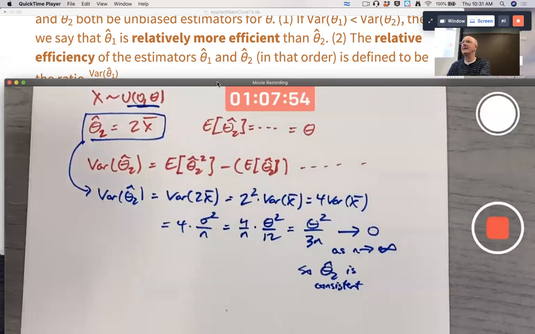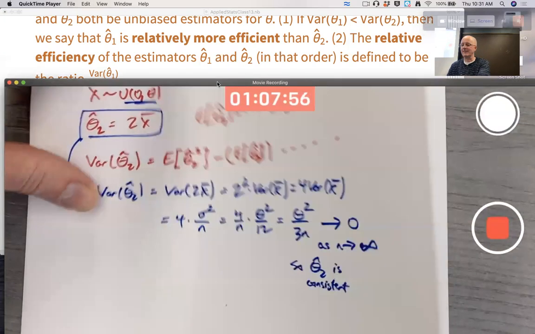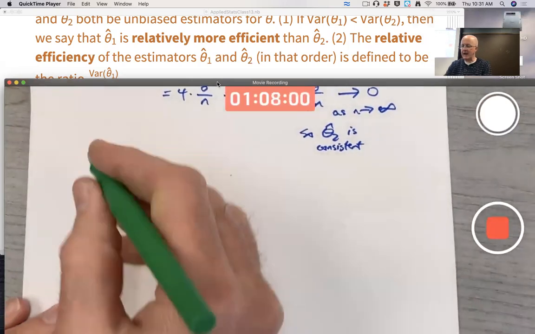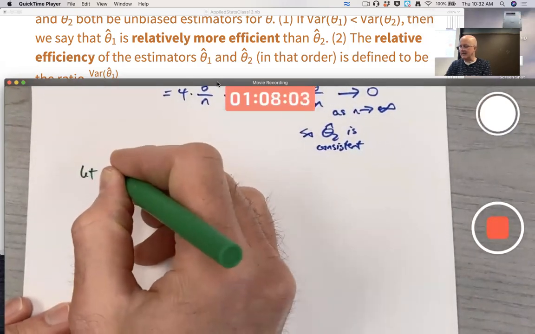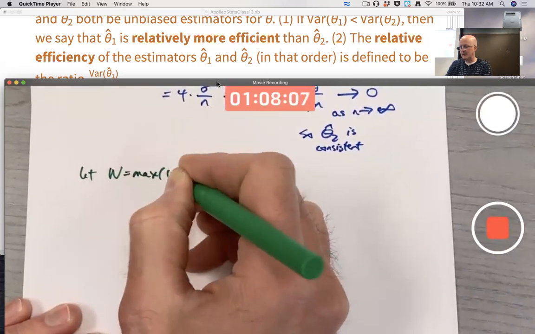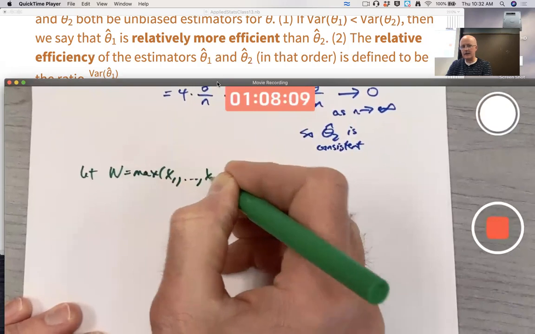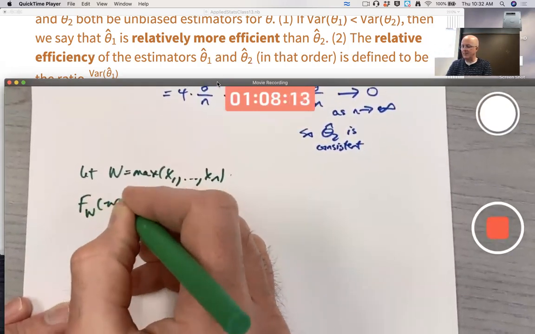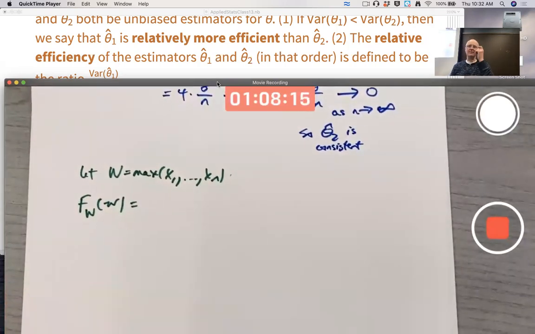We can use our old friend, the CDF method. For shorthand, let W equal the maximum of x1 through xn. What's the CDF of W? Are we ever going to get away from the CDF method? Yeah, we don't use it with regression, but it's still useful right now.